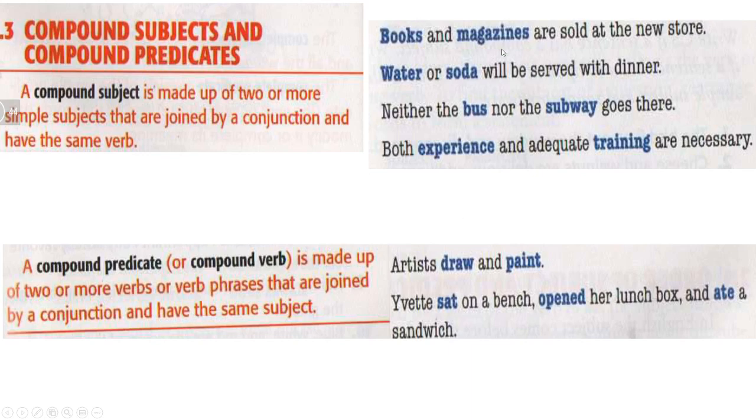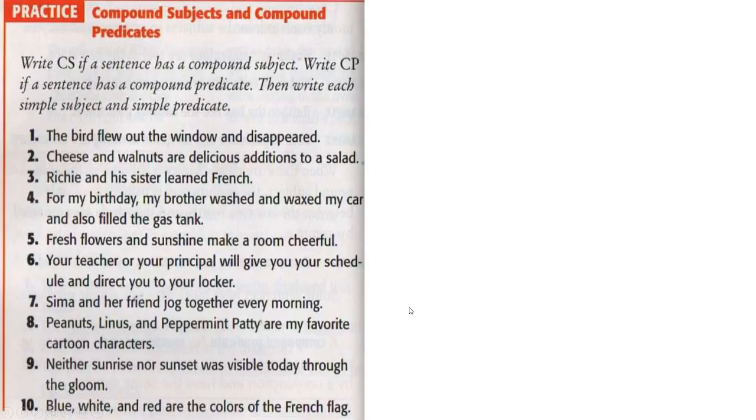Books and magazines is one subject, grammatically speaking, okay? Yvette sat on a bench, opened her lunchbox, and ate a sandwich. And Martha accompanied her. So "accompanied" is not part of this sentence because it is Martha, another subject. So in this sentence, we only have Yvette as a subject.